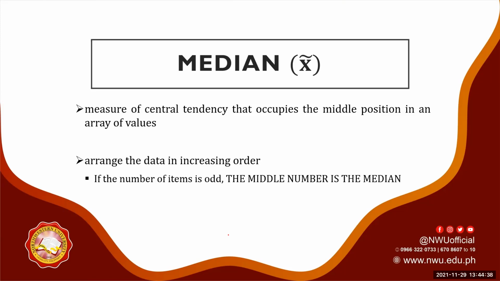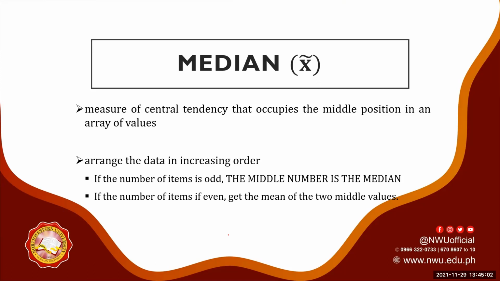Pag odd ang inyong number of items, that's easier, kasi pag odd, meron ka talagang iisang middle number. And that would be immediately your median. Pero kapag even kasi, meron kang dalawang numbers on the middle position.